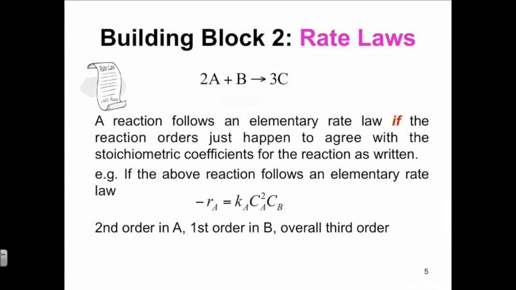An important subcase that we'll examine are elementary rate laws. An elementary rate law happens if the reaction order just happened to agree with the stoichiometric coefficients for the reaction as written.